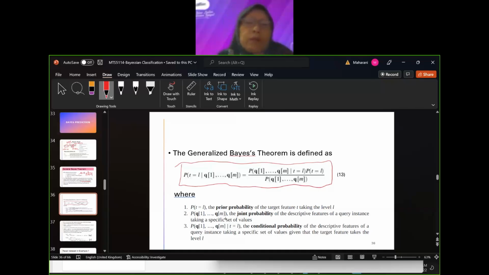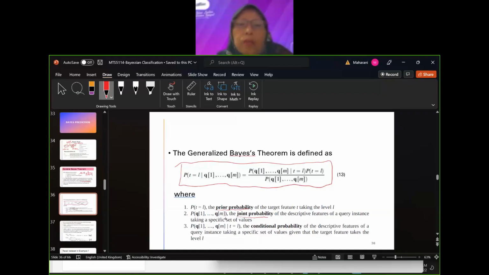Again, we have some notation here. The probability of T equals L is called the prior probability. The probability of Q1 until Qm is called the joint probability, or, the prior probability.